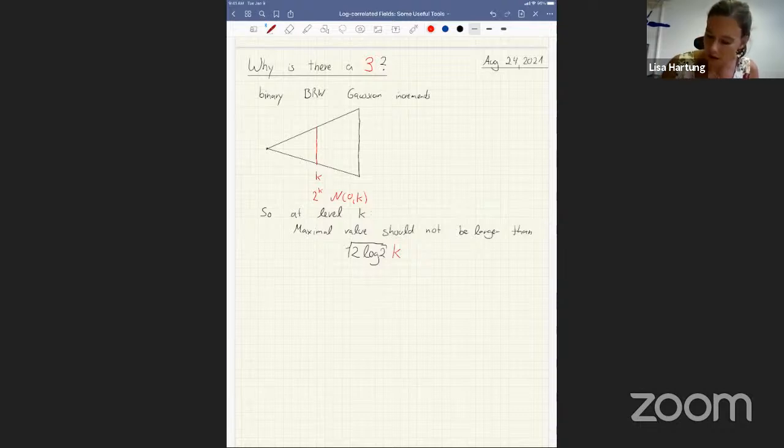Of course, now I have to be slightly careful, because I have n levels. If I imagine that I build up this branching random walk level by level, I need to take into account that if I view this as an evolving process, I have to control the maximum at every level.